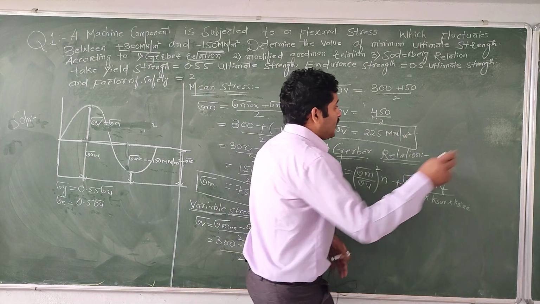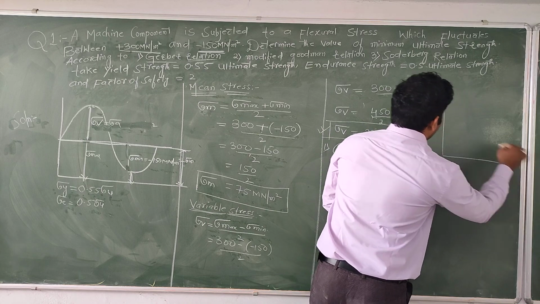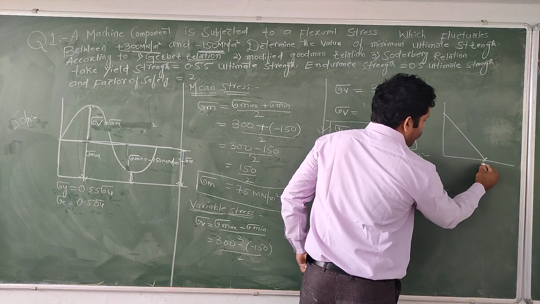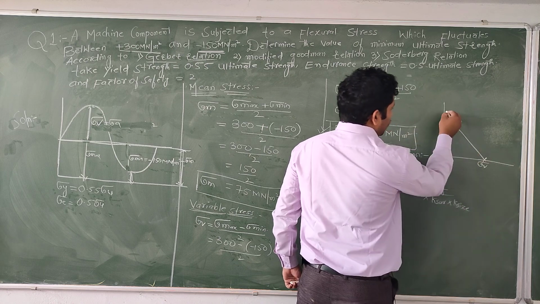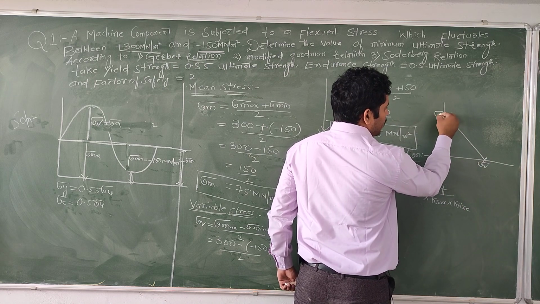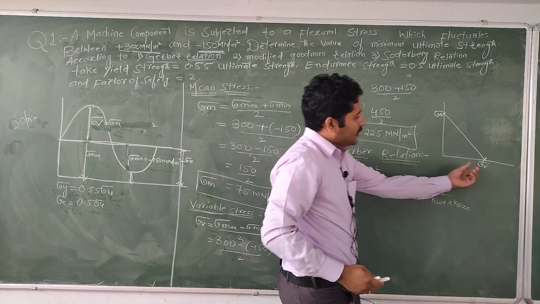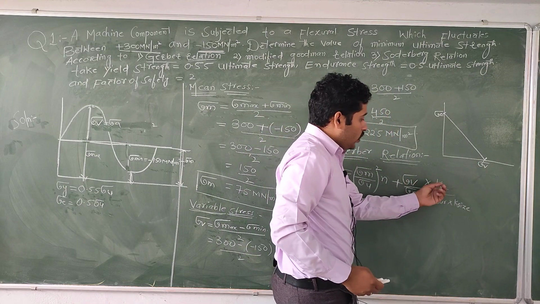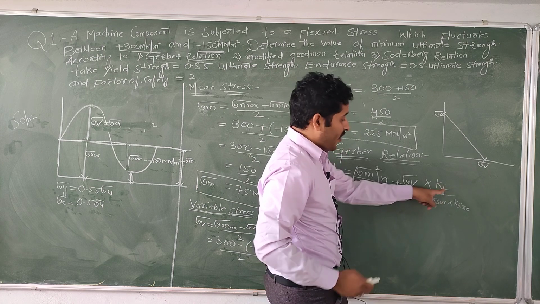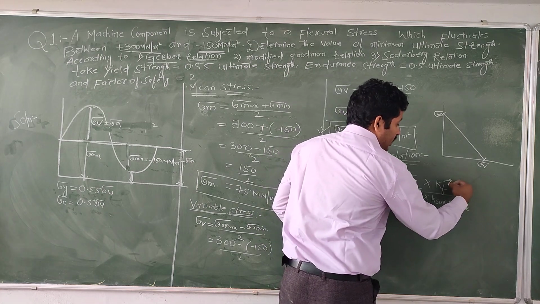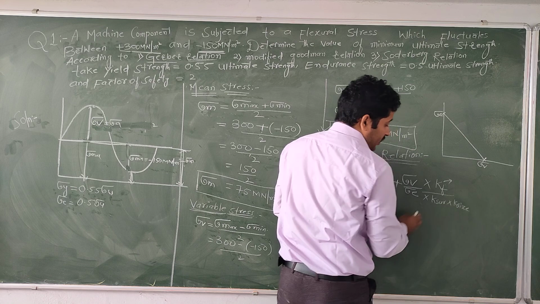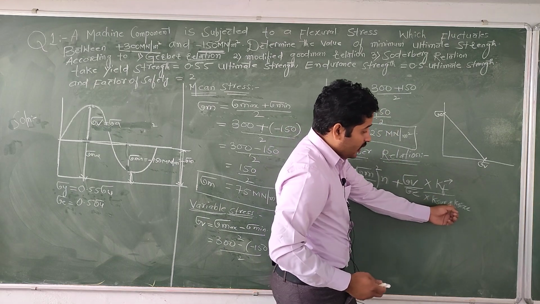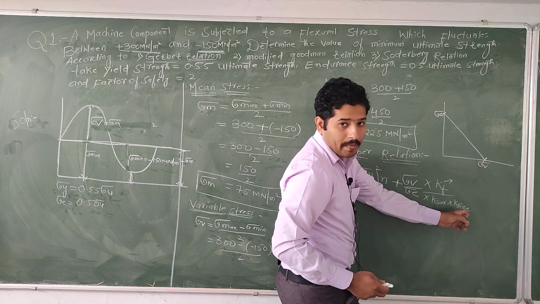Already we know from the Gerber relation that this is the variable stress by endurance limit, which I represent as sigma v by sigma e, into kf, the stress concentration factor, by k surface finishing factor into k size factor.